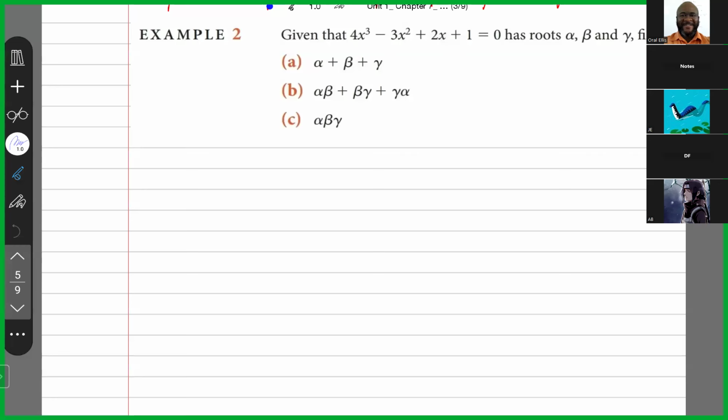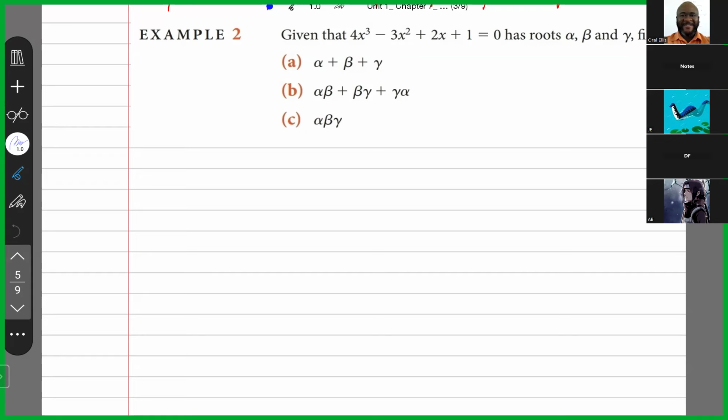Now, example 2 says, given that 4x cubed minus 3x squared plus 2x plus 1 is equal to 0 has roots alpha, beta, gamma, find the sum of the roots, alpha plus beta plus gamma, the product of the roots two at a time, alpha beta plus beta gamma plus gamma alpha, and the product of the roots, alpha beta gamma.